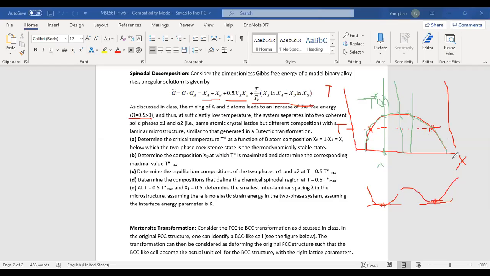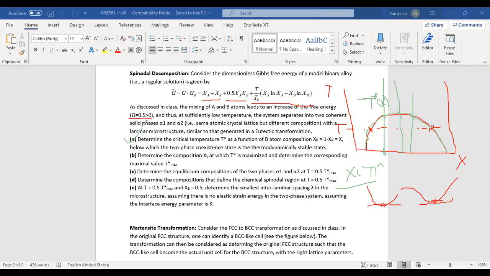And you know how to do that, right? Because you can easily find X as a function of T, and you can invert this very easily to find T star as a function of X. Both of these two equations define the same curve, which is right here. If you realize that, this is very straightforward, nothing really new, but just a different way of looking at this phase boundary.